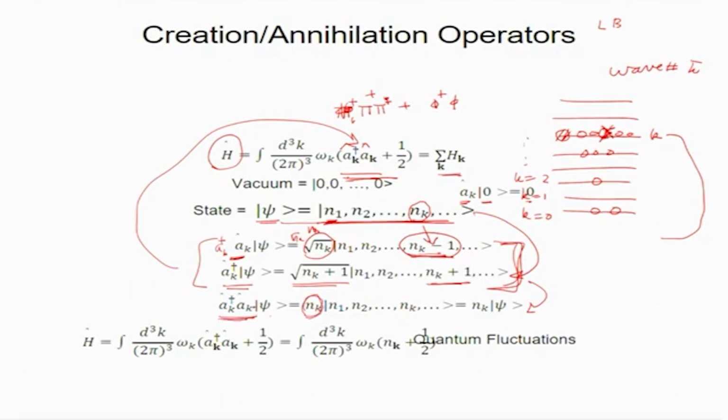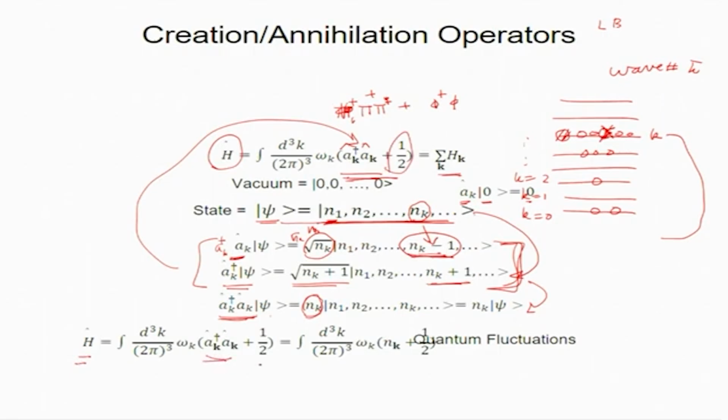So, psi is the eigenstate of A_k dagger A_k, just like for particles the state n was an eigenstate, and it gives you the number of particles. So, it really works that this is basically a sum of n oscillators. So, the Hamiltonian will follow the same lines, this factor half is here.